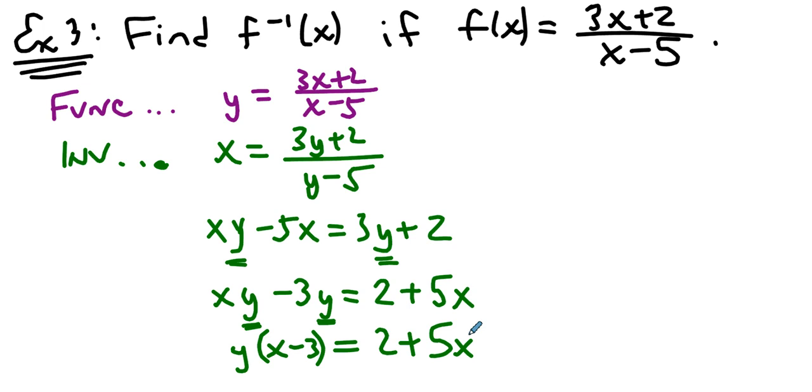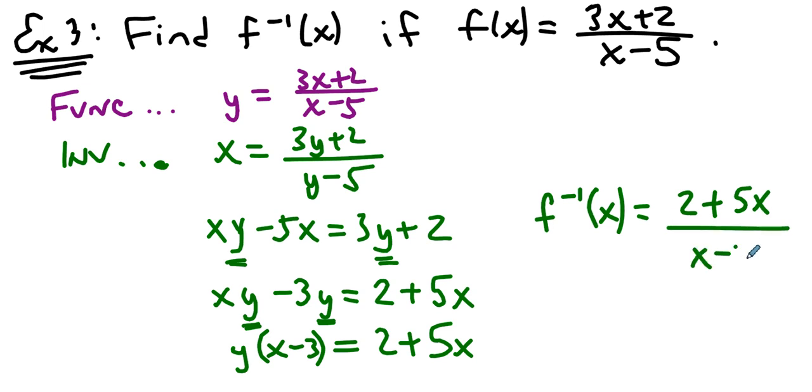Well, that seems pretty straightforward. So when we solve for y, that will be the inverse function. So the inverse function, f inverse of x, is (2 + 5x)/(x - 3).